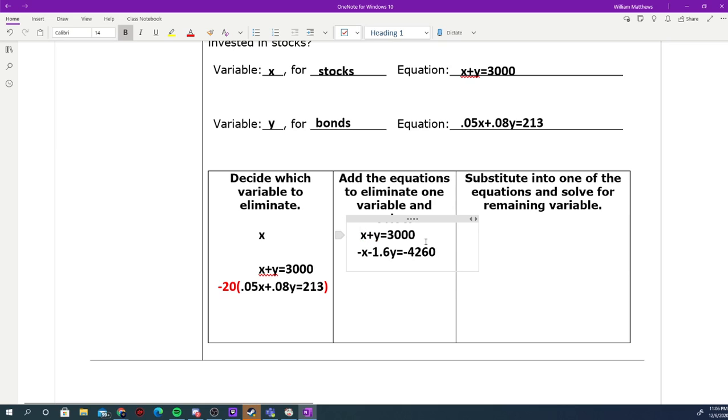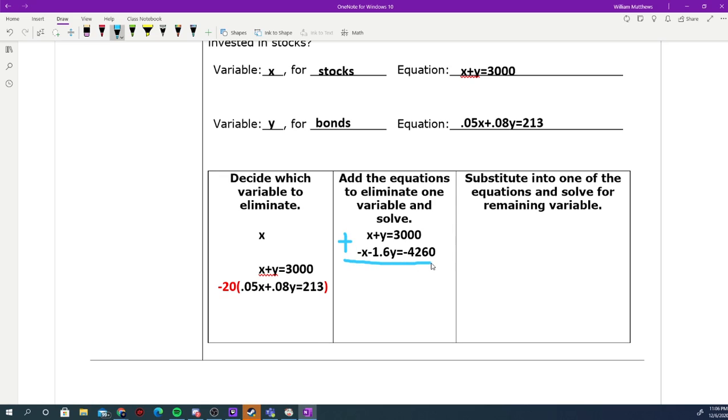So I check my math, make sure I have everything correct. My x's are lined up, my y's are lined up, and my constants are lined up just to make it easier for me to see where I'm adding everything across. Yet again, for the purpose of making it easier to read, I drew my addition and equals. The x's cancel out.